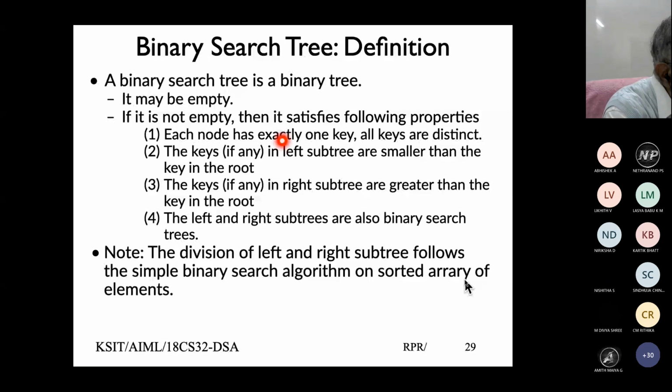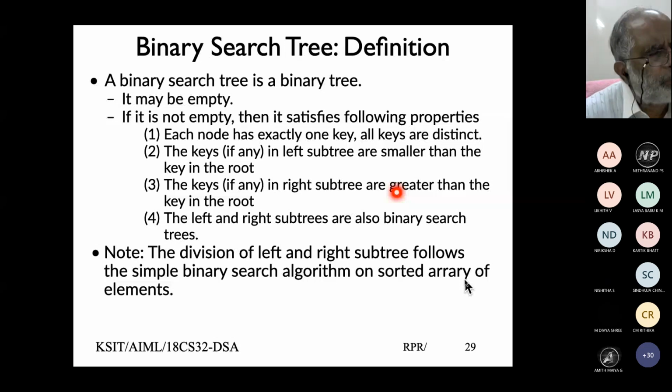One, each node has exactly one key, and we assume that all keys in the binary search tree are distinct. The keys in the left subtree are smaller than the parent. Keys in the right subtree are greater than the key of the parent. And each of the left subtree and right subtree is also a binary search tree. And that is what we basically discussed.